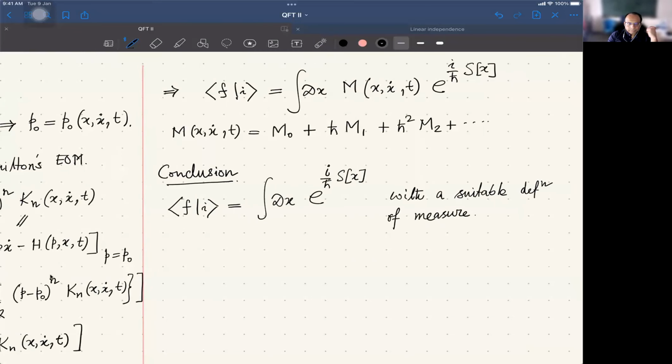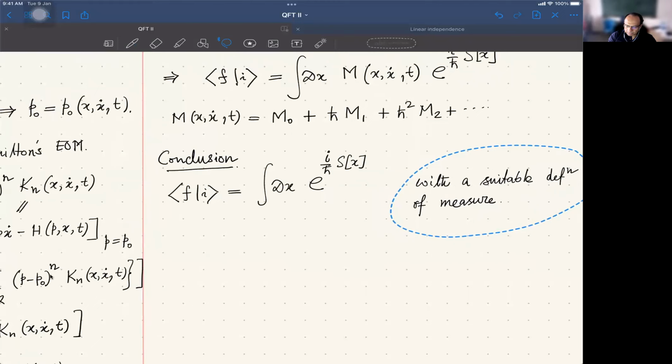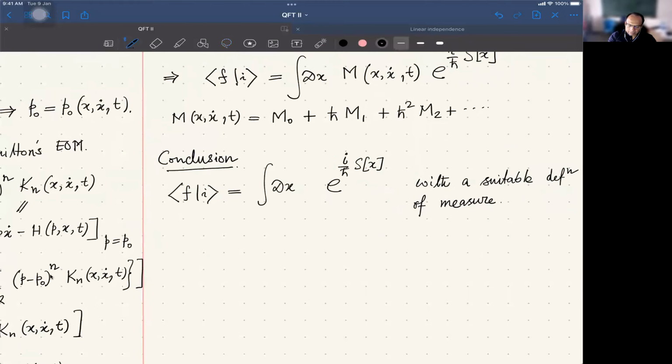Which means you can absorb this function into the measure and define a new measure. So let me write it explicitly: m is a measure factor.